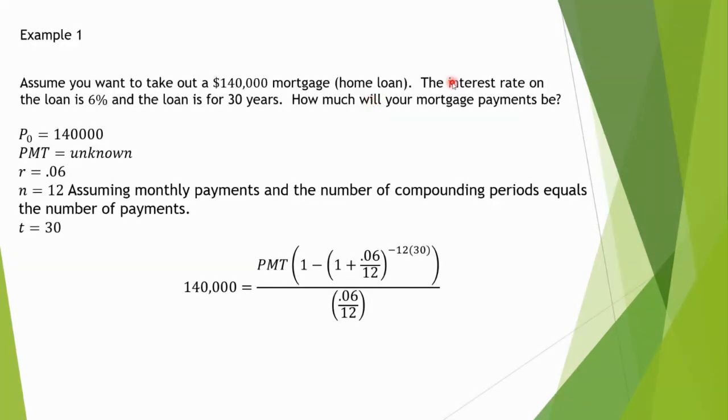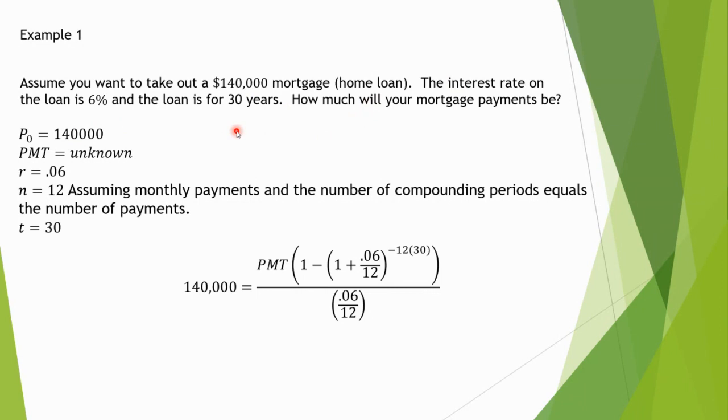And it turns out the annual interest rate here is 6%. And the loan is supposed to be 30 years long. It's going to last for 30 years. The question is, how much are our monthly payments going to be?